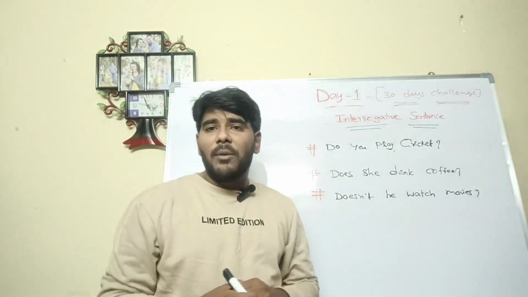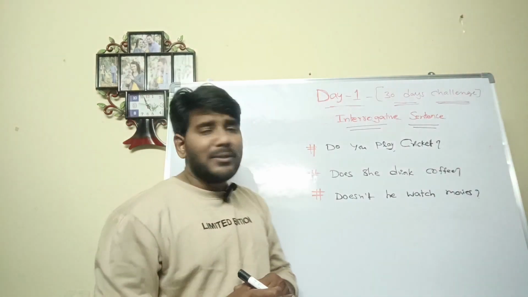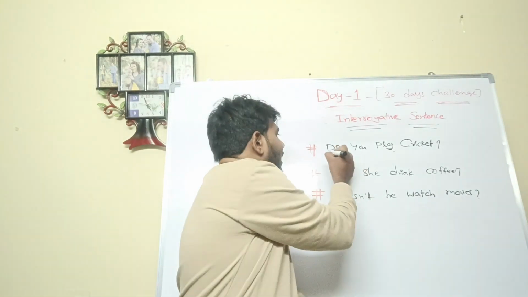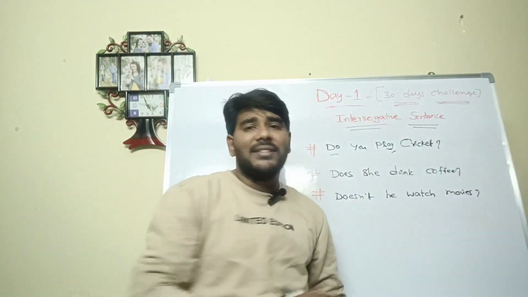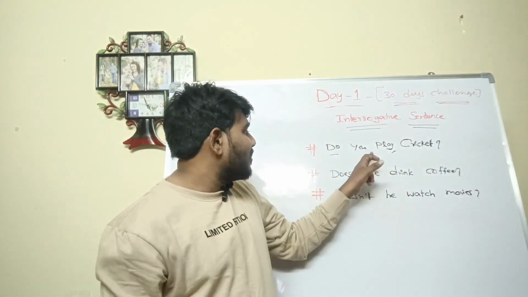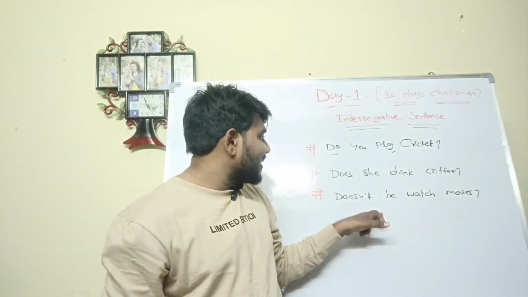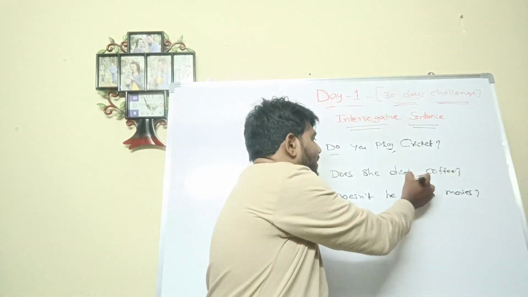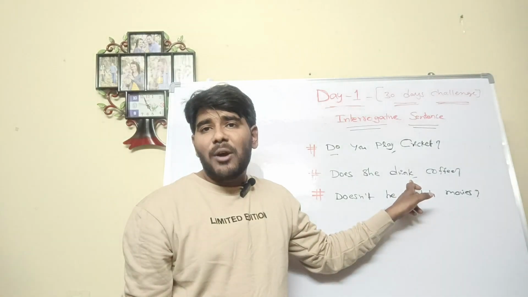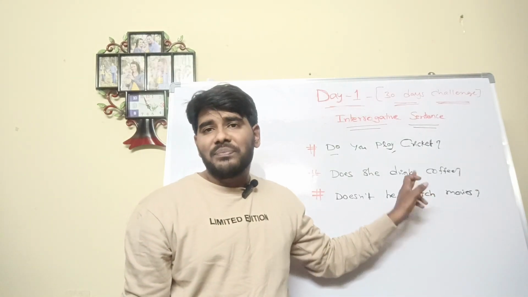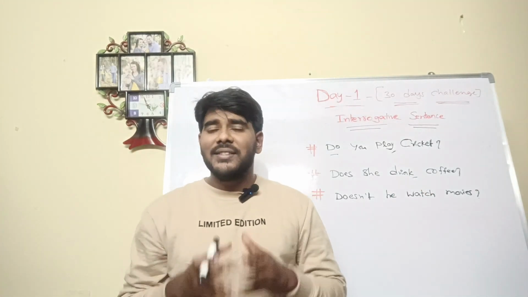By seeing these particular statements, you could have understood that whenever we have an auxiliary in the sentence, the main verb won't require S or ES form. In a similar manner, if you see another two examples, the verb hasn't changed here. That means the verb following the subject is in base form, not in S or ES form. Hope this is clear to you.